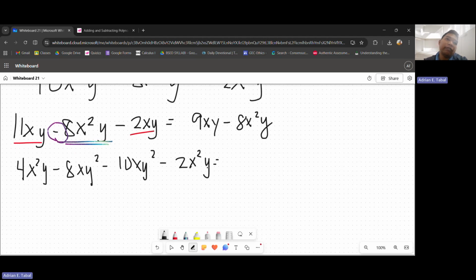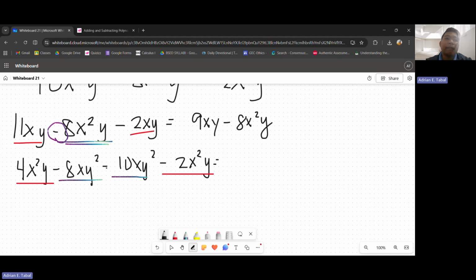Each of the following are like terms. So we have 4x squared y and negative 2x squared y. We also have negative 8xy squared and negative 10xy squared.